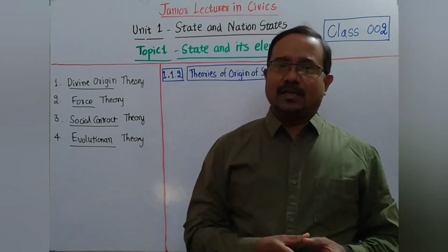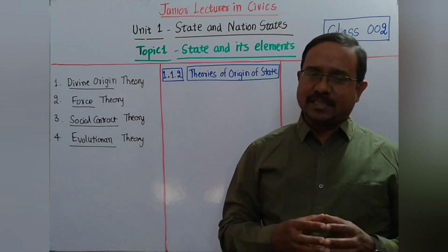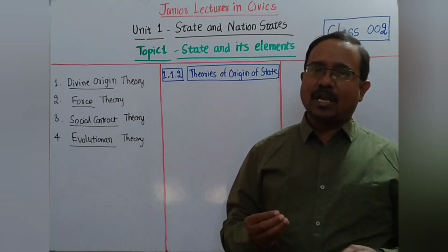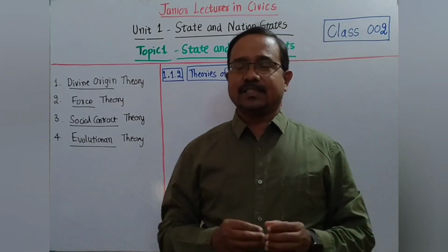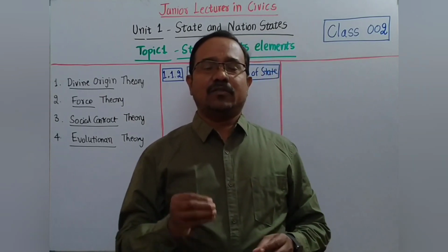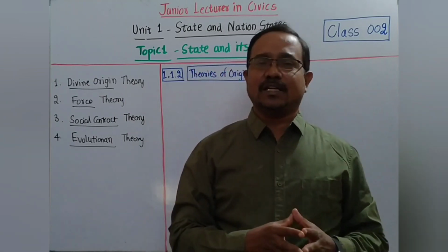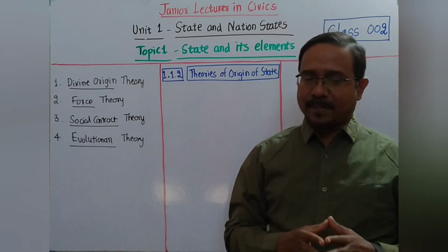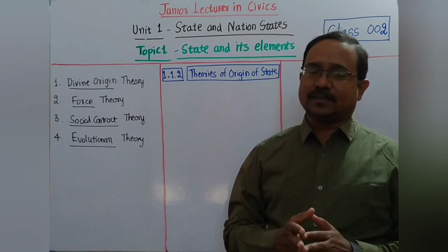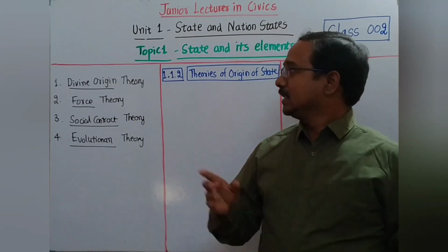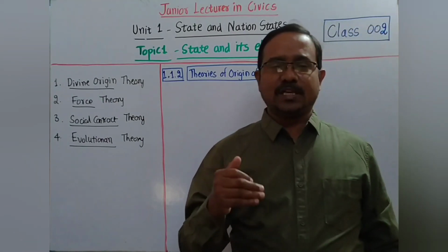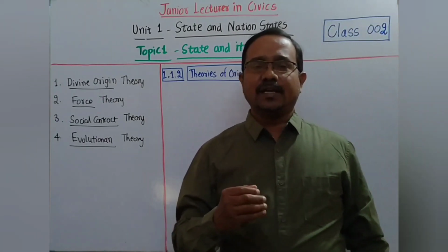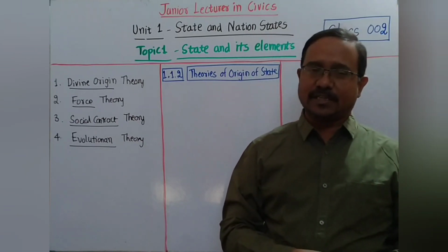By understanding the state concept, we have to further explore the theories which are very essential for understanding the subject political science. Those theories are called theories of origin of the state. That means how the state has evolved and how the state has originated.